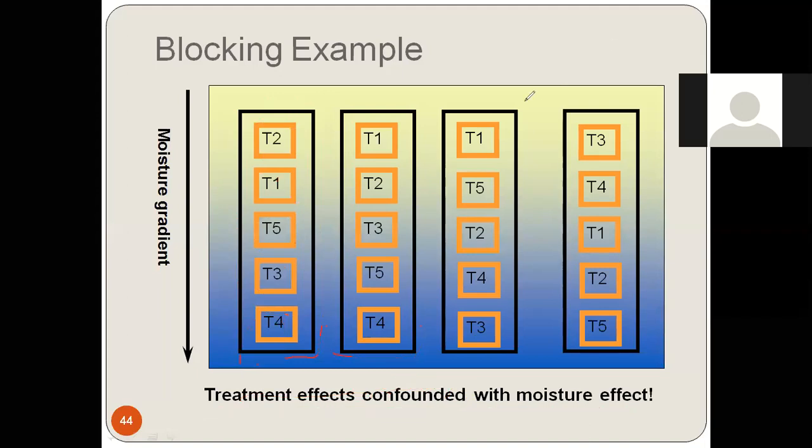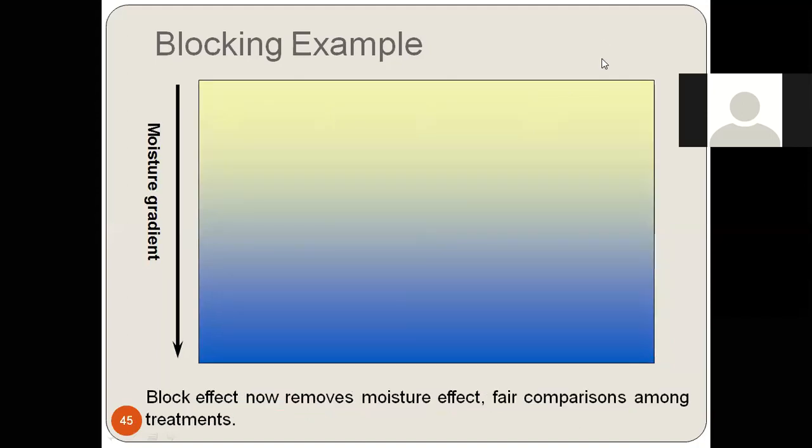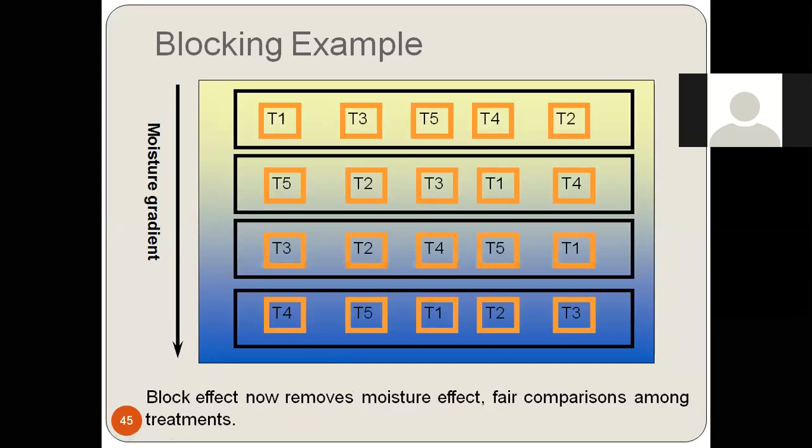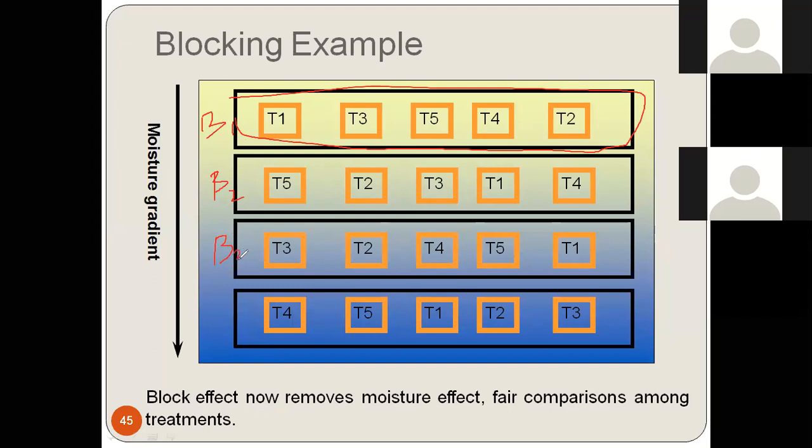Then we look at the second example. If the moisture gradient is in that direction, how about this one? Correct. So this way of blocking is correct. Why? Because this is one block, B1, this is B2, and so on, B3. Look at this example, B1, treatment 1, and treatment 2, which is on the other corner.